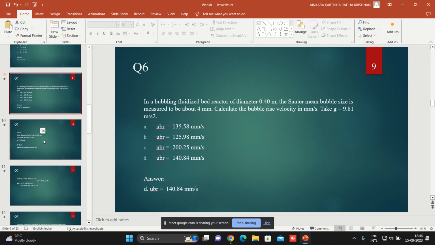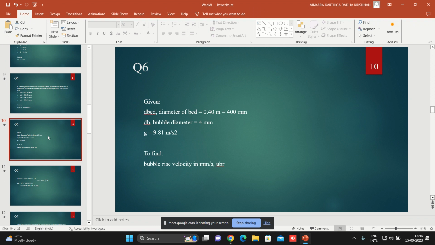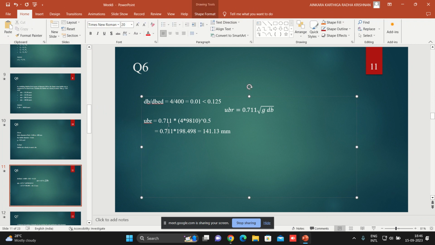Yeah, almost the right answer. We have got 141 and the option is 140.93 mm per second. So the bubble rise velocity is therefore 140.93 mm per second.